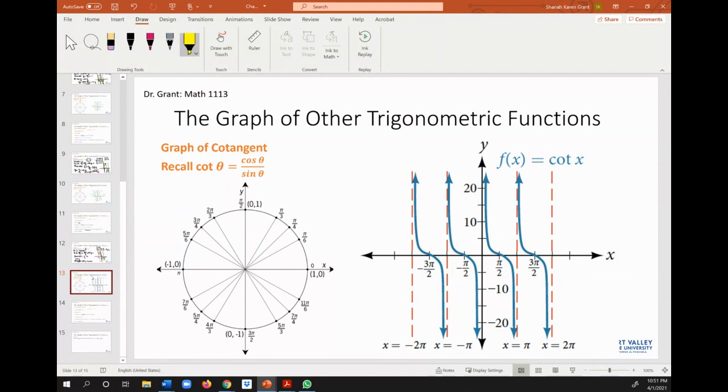Just like the graph of cosecant, the denominator is going to be sine. So at increments of 0, pi, 2 pi, and so on, you're going to have your vertical asymptotes.